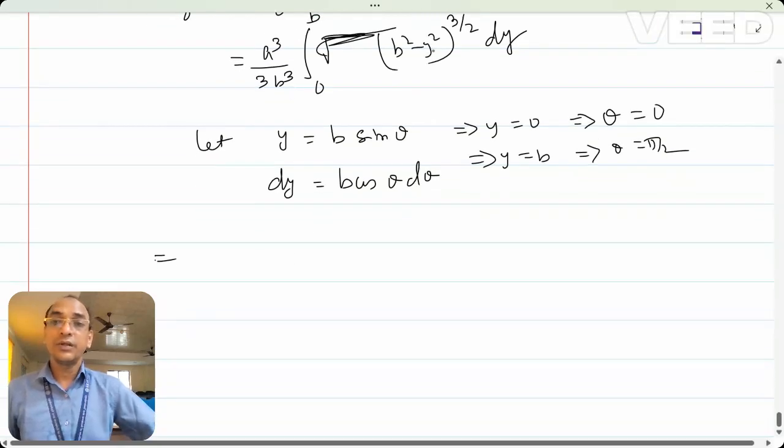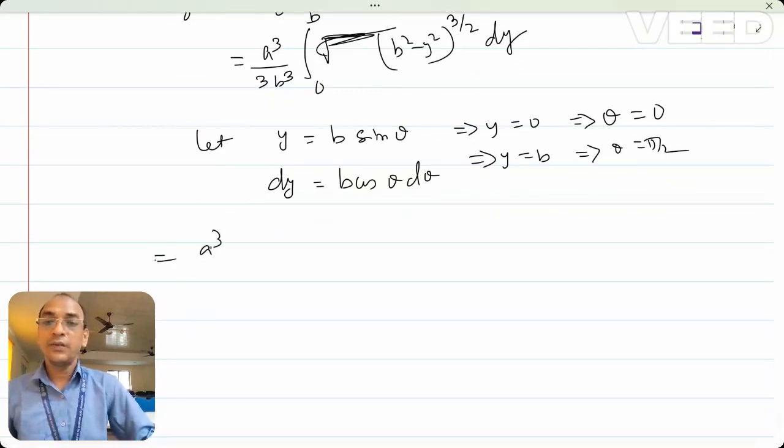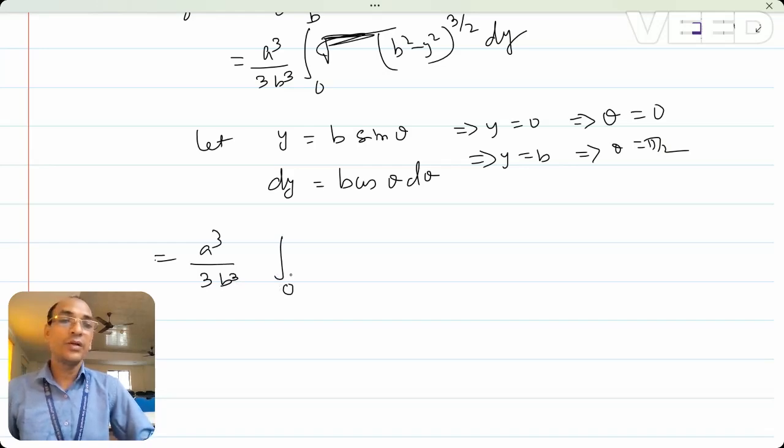This equation can be written as a cube divided by 3b cube integration. Instead of the limit of y, we will put the limit of theta.